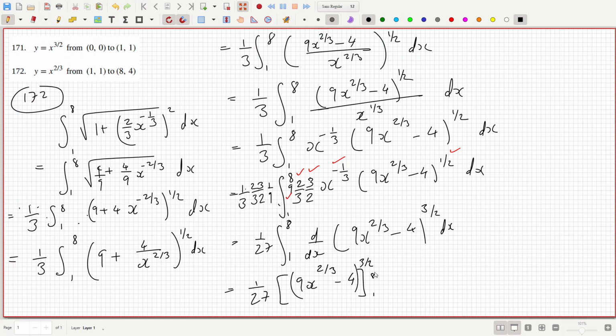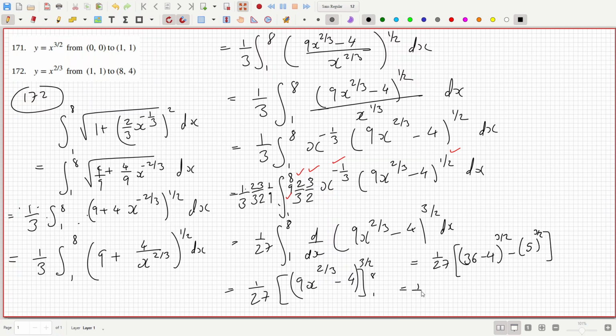Evaluated from 1 to 8. So if I put in the 8 first, that's 1/27, 9, and then 8 squared is 64, so it's the cube root of 64. It's 8 to the power 2/3, so that's just 4. So 9 times 4 is 36 minus 4. And then minus, and I put in 1, which is 5. Oh, and I forgot there's a 3/2 and a 3/2 here.